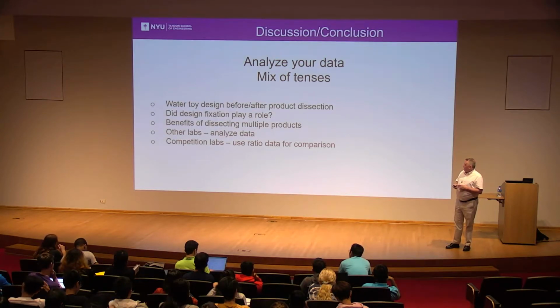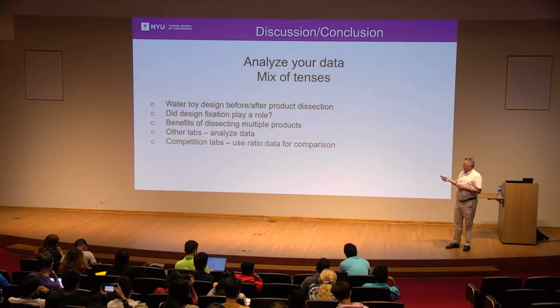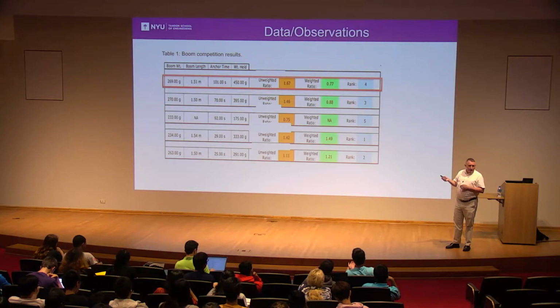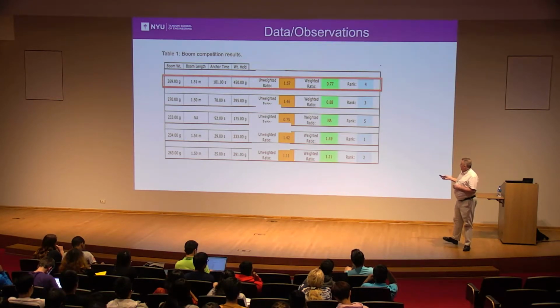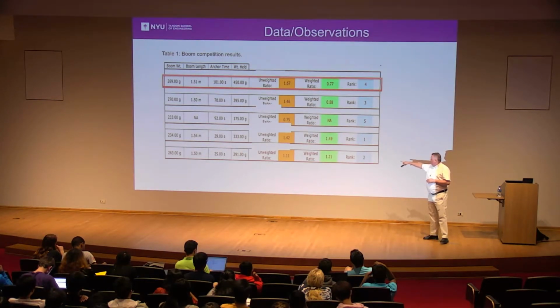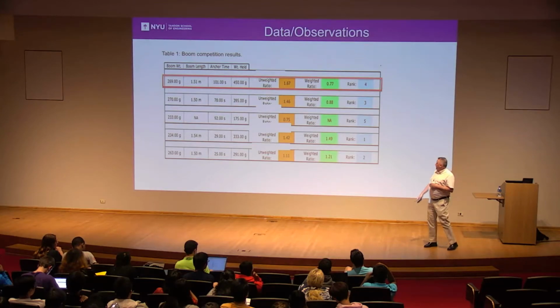For other labs, you've got to analyze the data specifically. For a competition lab, and let's talk about the boom competition lab, you would go back to this data that you presented. So here your analysis has to be, you look at 1 and 2, right? 1.49 and 1.21 were the weighted ratios.